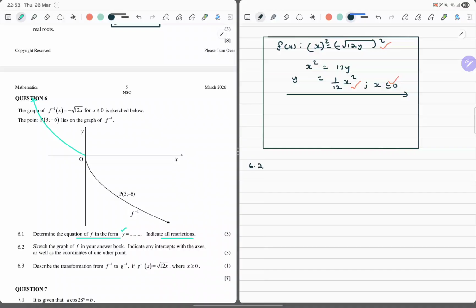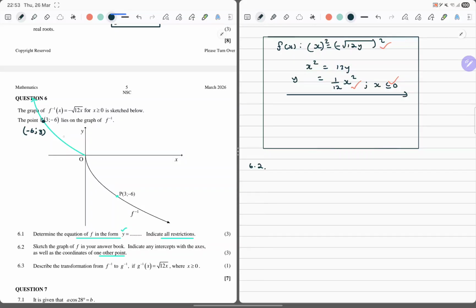So let's see, 6.2 says, sketch the graph of f in your answer book. Indicate any intercepts at the axis as well as the coordinate of one other point. So if we take this point P, it's going to be somewhere there. That point P, we swap these two, is going to be (-6; 3).